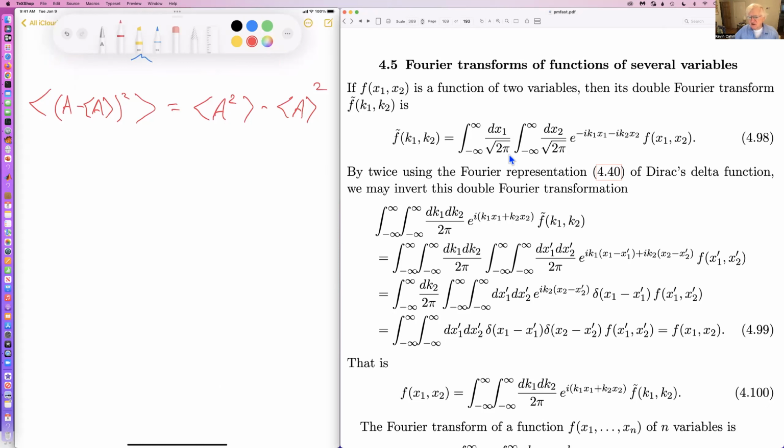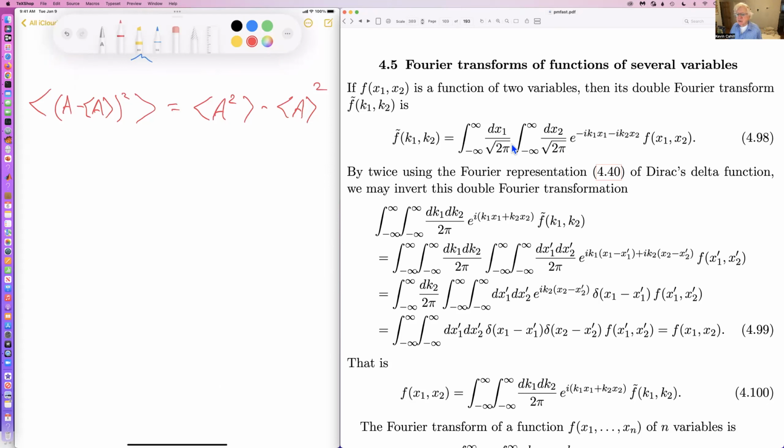Fourier transforms of several variables. Well, just as for Fourier series, you just do the same thing, namely f tilde of k1 and k2. Well, it's just a double Fourier transform of f of x1 and x2, e to the minus i k1 x1 minus i k2 x2.